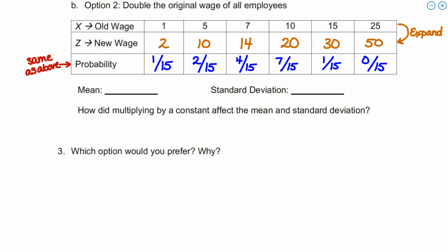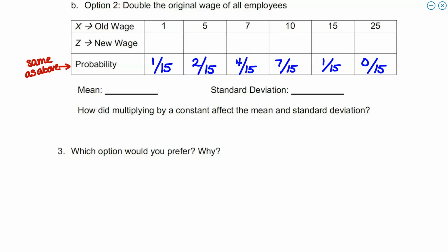Increase. When we added 10, we saw that the mean increased by 10. If I'm doubling everything, how do you think the mean is going to increase? It's going to double. Do you think the standard deviation is going to change or stay the same? Change. Last time it didn't change, why not?